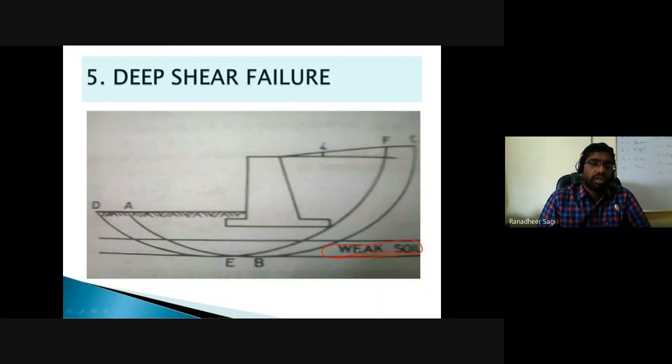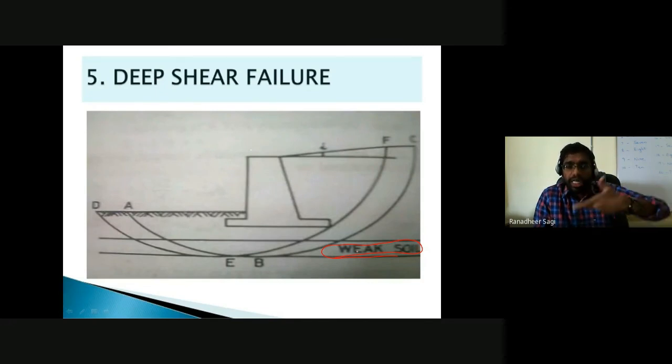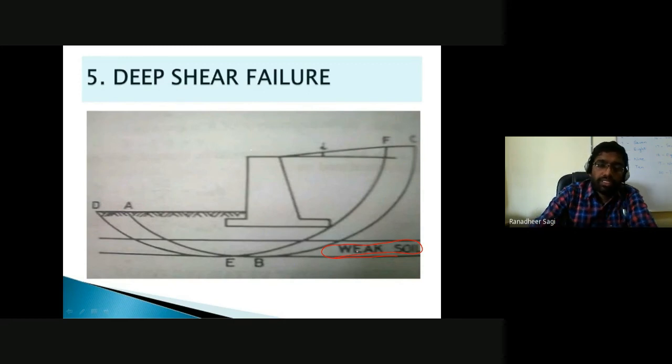Such kind of shear failure is what we call your deep shear failure. Deep shear failure in the sense that the failure in the soil strata is extended deeper into the soil layers.